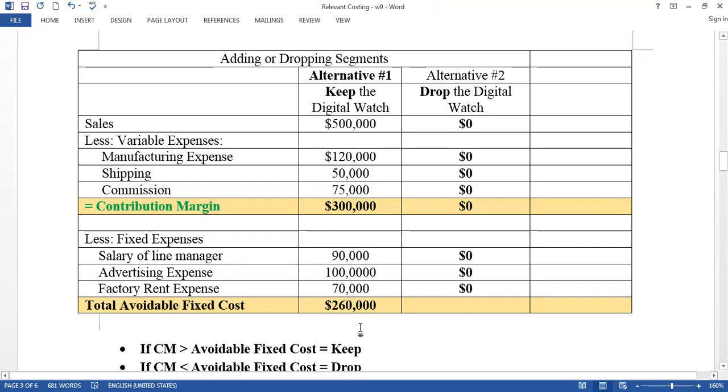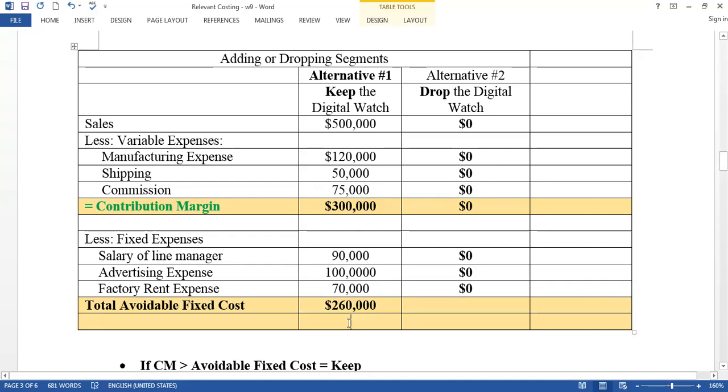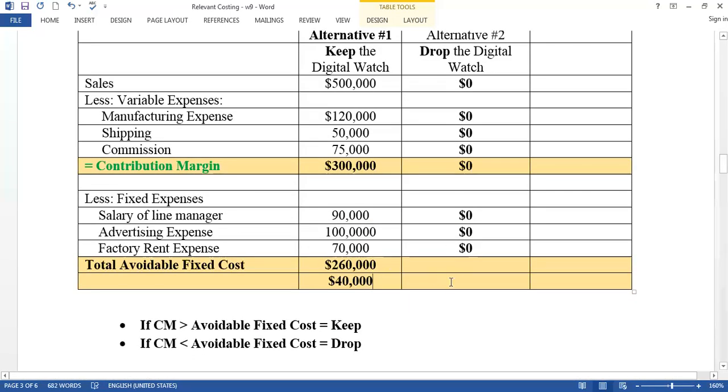If contribution margin is higher than the fixed cost, it is good news. It means that you can have $40,000 more contribution margin.